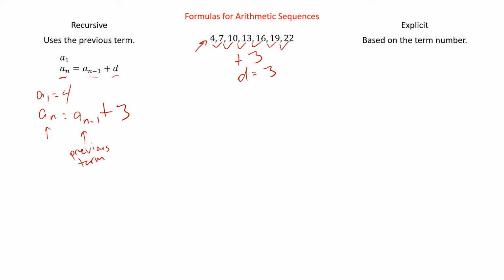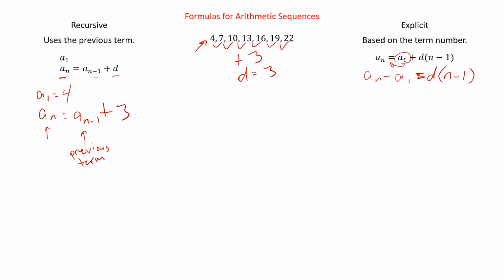For an explicit formula, we have this equation, a_n equals a_1 plus d times (n minus 1). Now, this should look kind of familiar. For instance, we can take this a_1 and move it to the other side of the equation. So a_n minus a_1 equals d times (n minus 1).